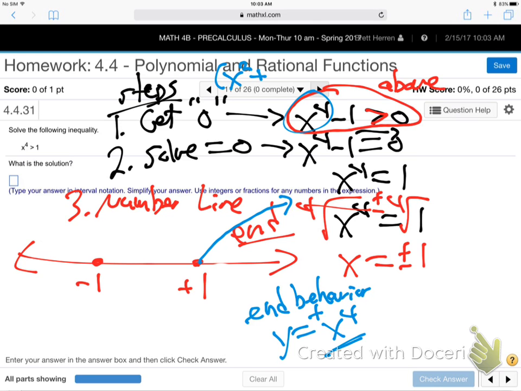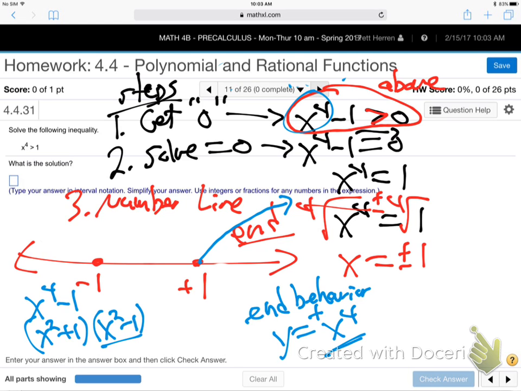So x to the 4th minus 1 factors as x squared plus 1, times x squared minus 1. I'm running out of room here, so let me go over here. The x squared minus 1 will factor further.